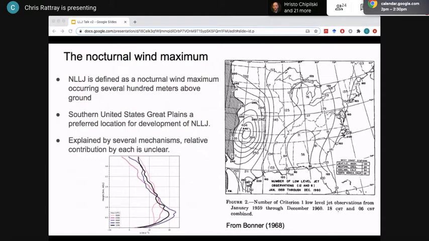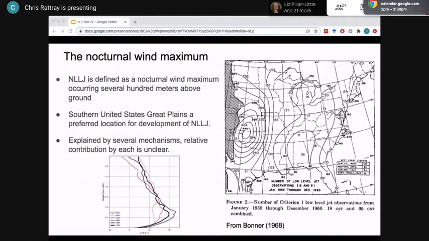Nocturnal low-level jets are typically defined as a wind maximum occurring several hundred meters above ground, and the figure shown below is what a typical southerly jet profile looks like. Climatology has found that they most frequently occur in Kansas and Oklahoma, as you can see in the figure on the right.